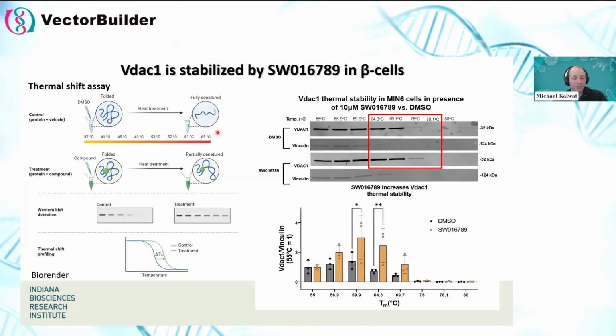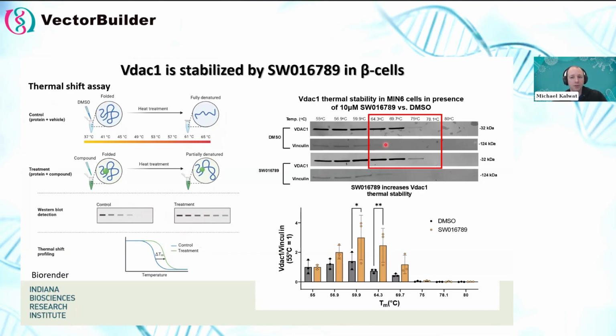You heat them up to different temperatures, and then you lyse the cells and do a high-speed spin, and any proteins that are denatured at these higher temperatures will pellet out. You take the supernatant and run a Western blot. If your compound stabilizes the protein of interest, there'll be a right shift in the stability. So it'll be soluble at higher temperatures because the compound you're using is stabilizing that protein.